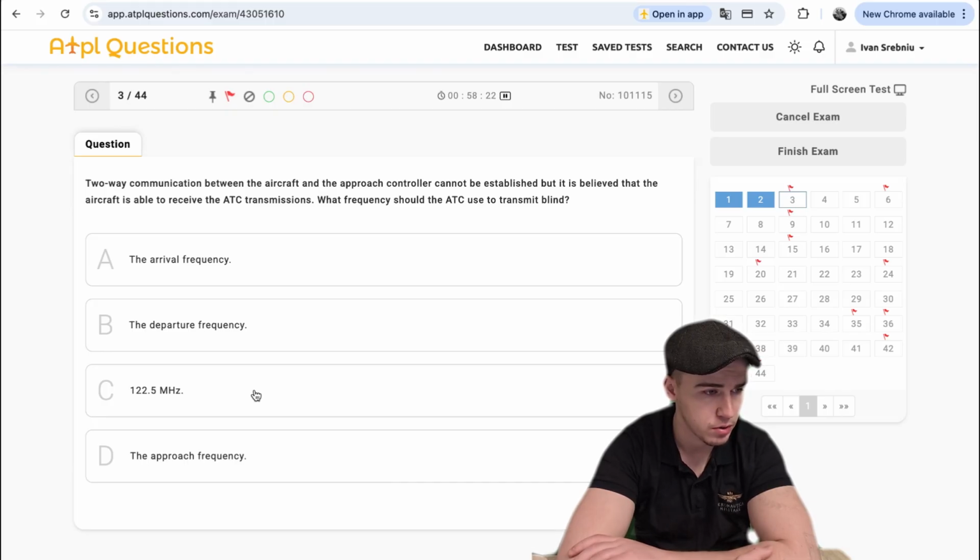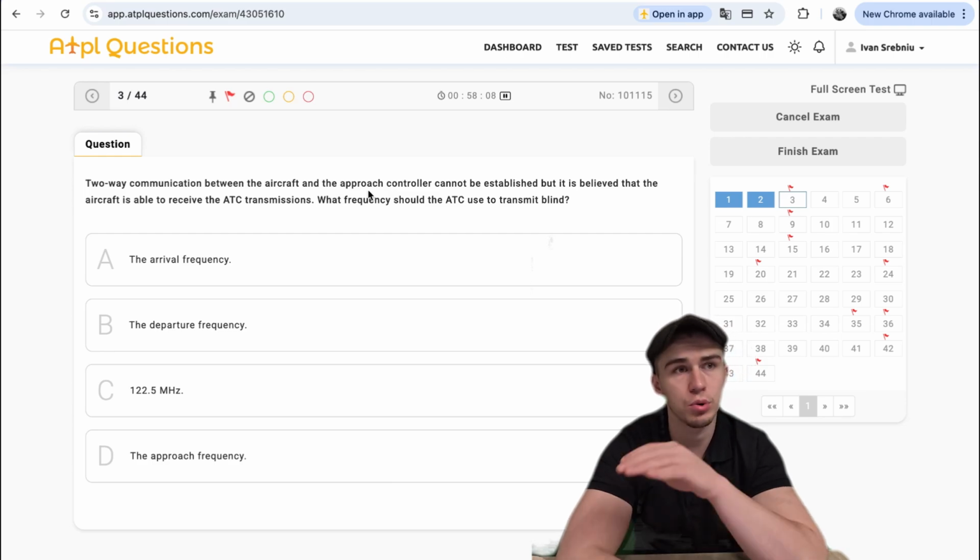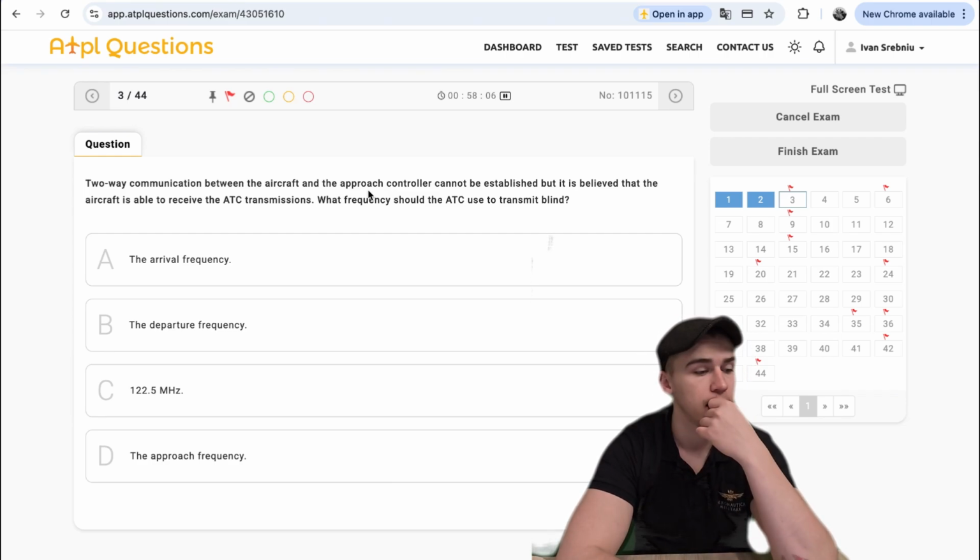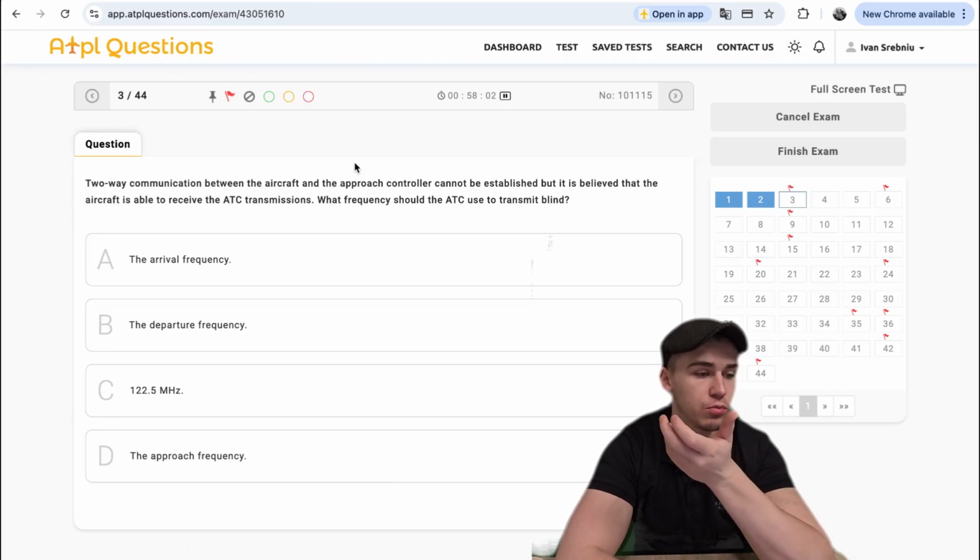Two-way communication between the aircraft and the approach controller cannot be established. Approach. So if approach, the aircraft is going to land. So approach frequency. We see approach here and here is the approach frequency.